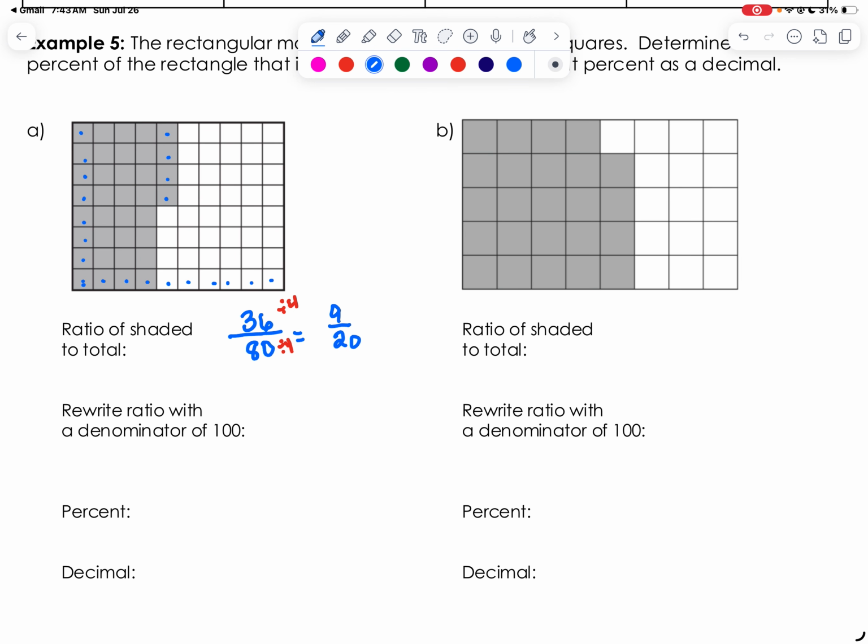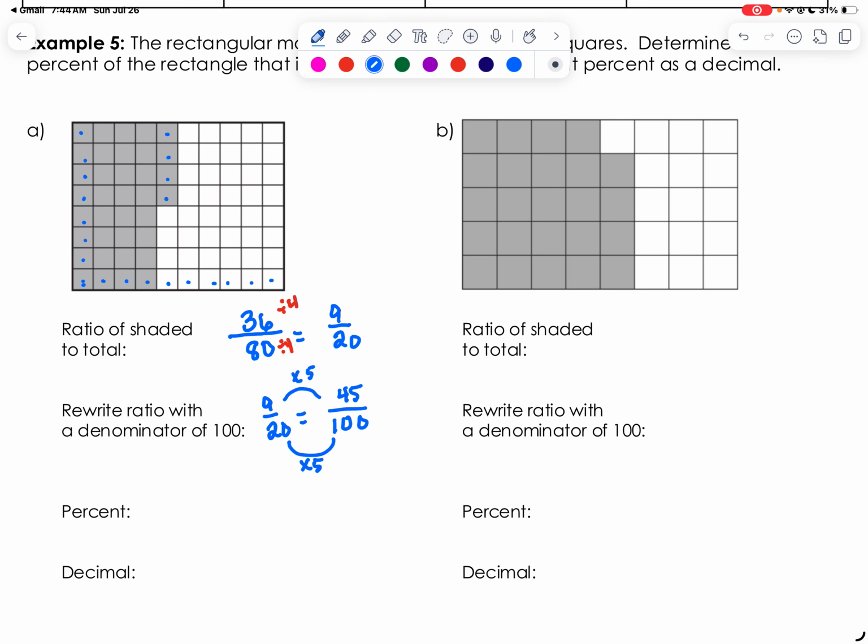Now I want to rewrite 9/20ths as a ratio with a denominator of 100, kind of like we did at the very beginning of the lesson. So to scale 20 to 100, I would have to multiply by 5. If I multiply the denominator by 5, I must also multiply the numerator by 5, which would be 45 over 100.